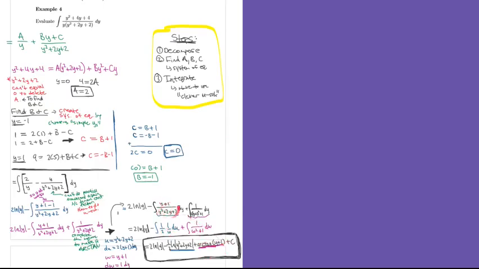Then this part, well, how are we able to somehow factor this now, or sorry, integrate this now? Well, u sub, because if you do the derivative of the denominator, that would help us cancel out the numerator. So that's exactly what we do.